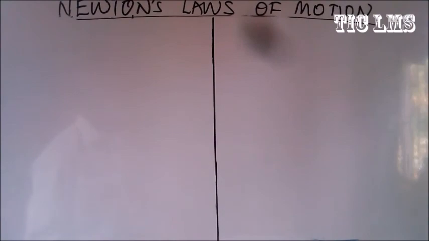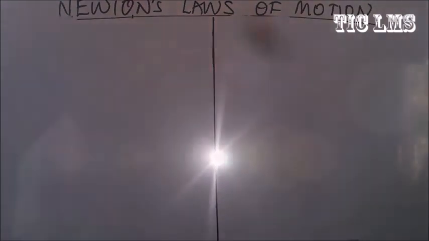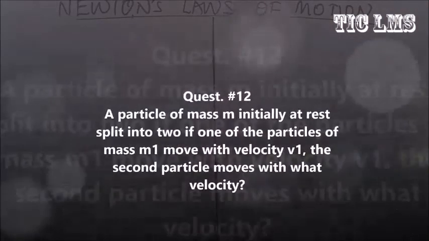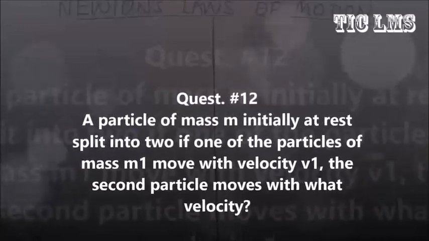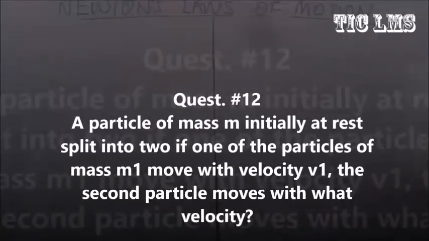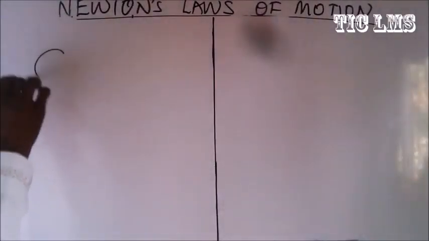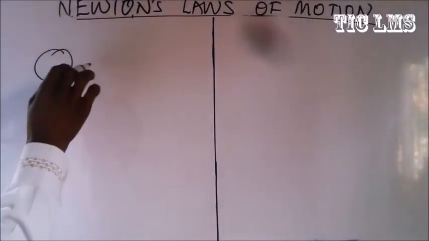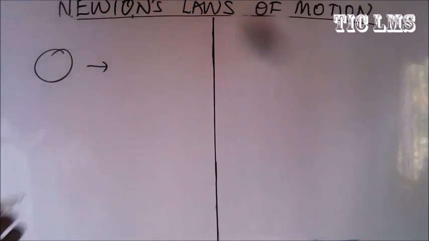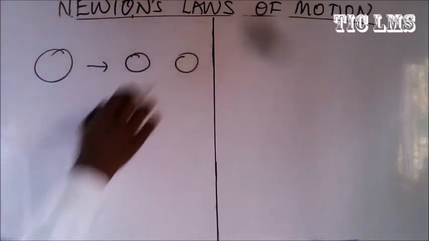Here's the question. It says that a particle of mass m, initially at rest, splits into two. If one of the particles of mass m1 moves with velocity v1, the second particle moves with what velocity? Here we have a body which is at rest and it splits, and so when it splits, it goes apart.